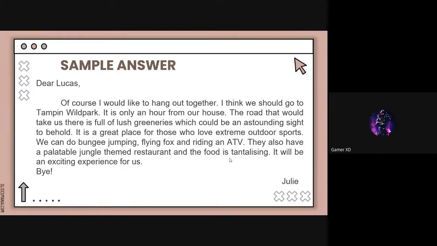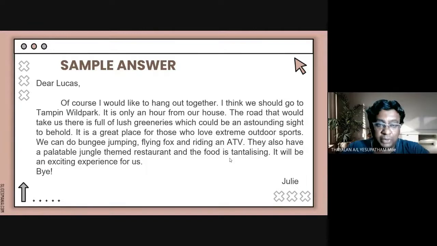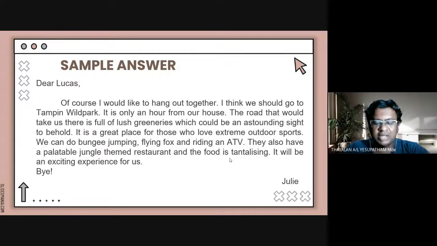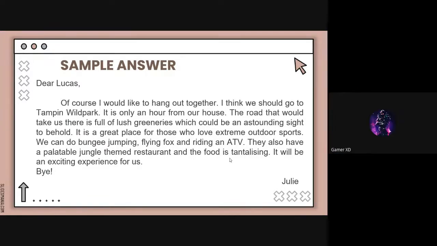We could do bungee jumping, flying fox, and riding an ATV. They also have a palatable jungle themed restaurant, and the food is tantalizing. It will be an exciting experience for us.